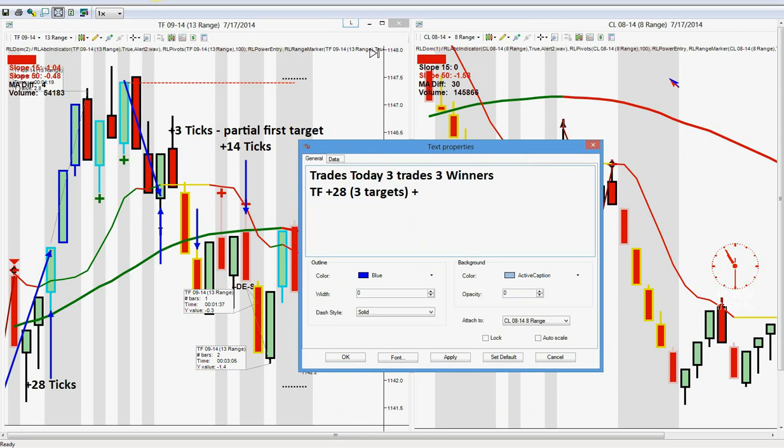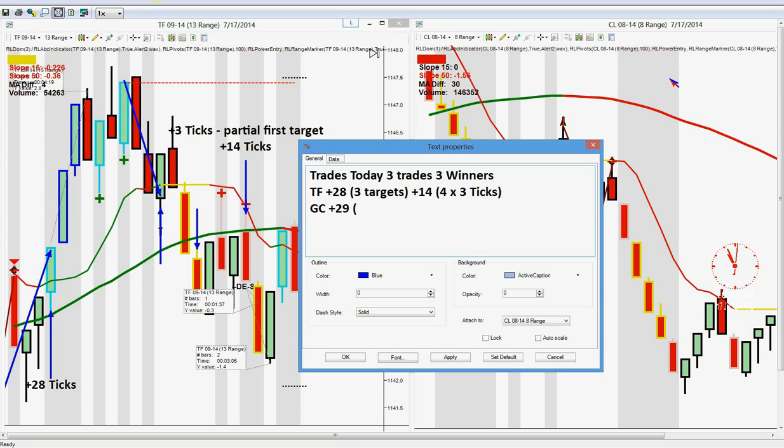And we went plus 14, which for us was plus 4 times 3 ticks. And then we had GC plus 29, 3 targets.